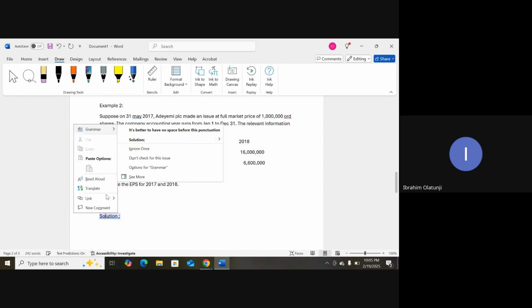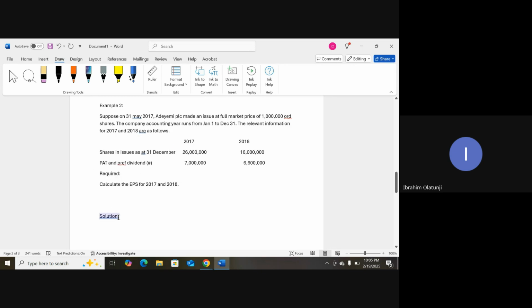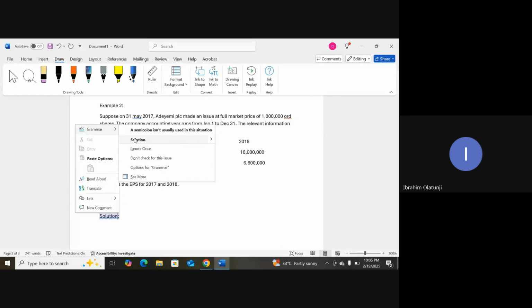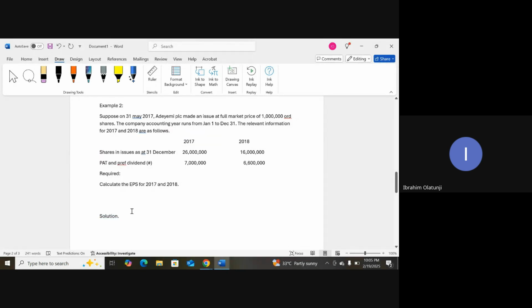So if you are to calculate EPS, remember the formula for EPS, so that you know what to do. You write the formula: EPS is equal to, who will remind us?